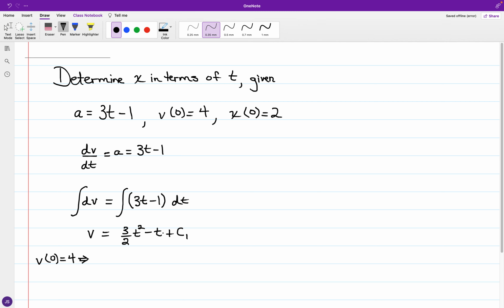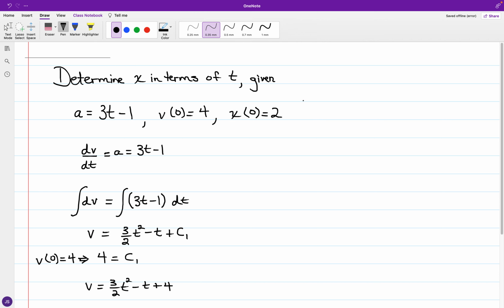Likewise, negative t is also 0. And so automatically the value of the first constant will become equal to 4. And so in the rewrite, the velocity in parametric terms will be equal to 3/2 of t squared minus t plus 4.